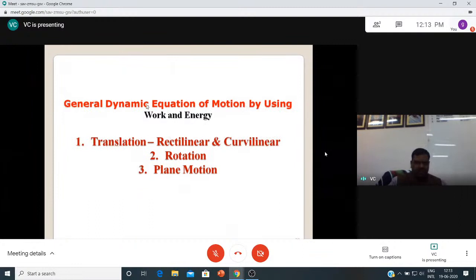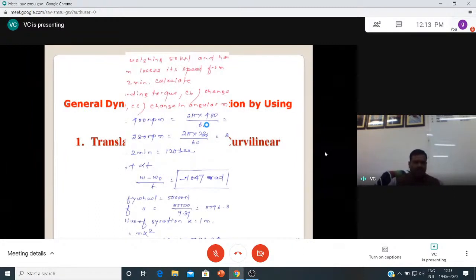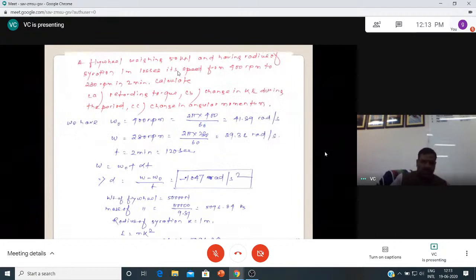Now see the work-energy principle. For a flywheel, the energy is half mv square or half I omega square, with simple kinematic analysis using mk square, mr square, etc. Example: a flywheel like a disc weighing 50 kilonewtons and having a radius of gyration of 1 meter loses its speed from 400 rpm to 280 rpm in 2 minutes.